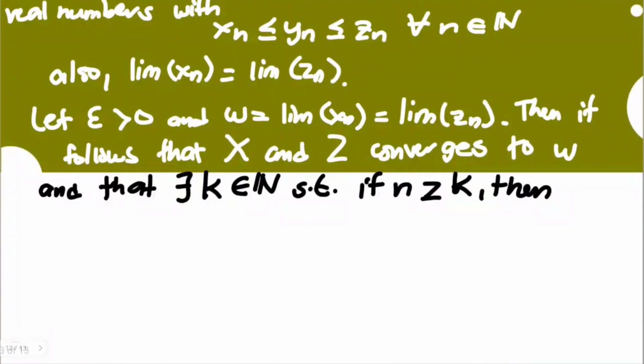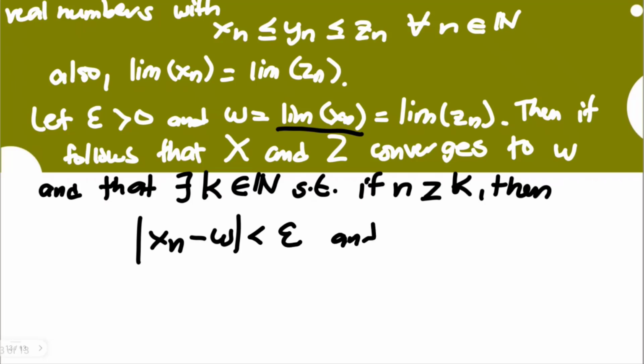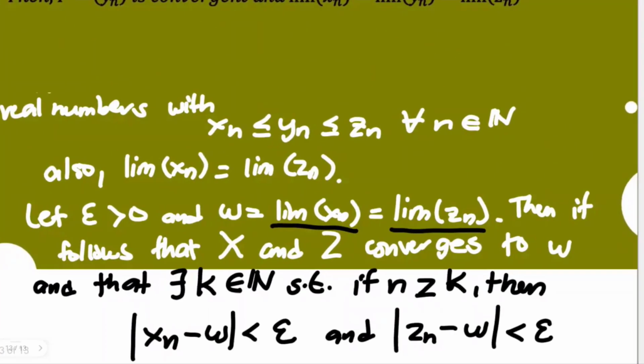Take note, the limit of the x sub n sequence is w, so you will have here the absolute value of x sub n minus w is less than epsilon per definition, and this is also true for the limit of z sub n, so the absolute value of z sub n minus w is also less than epsilon.